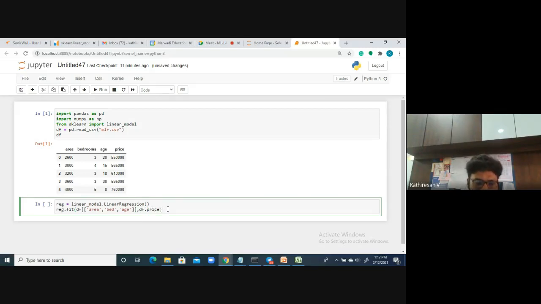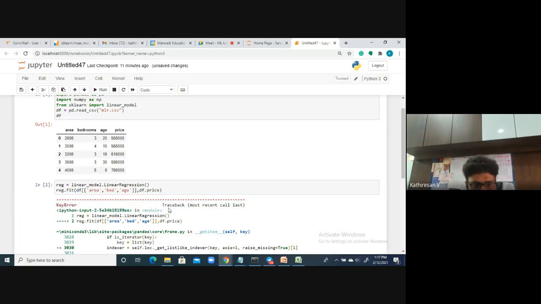Price is what we need to find based on the area, bedrooms and age. That is our intention.